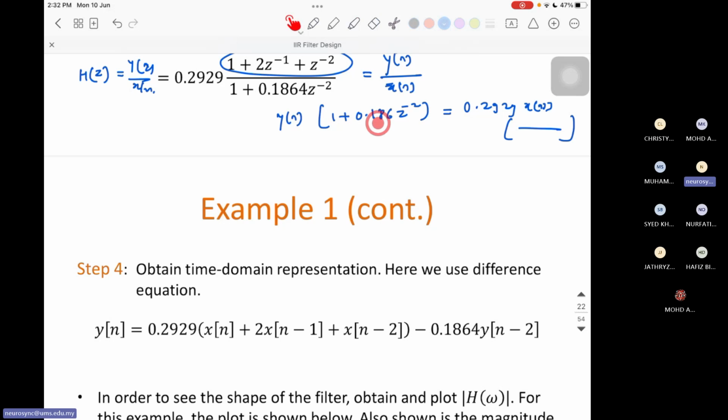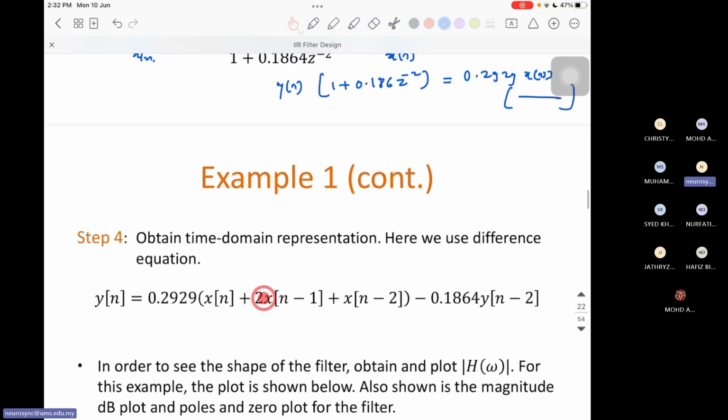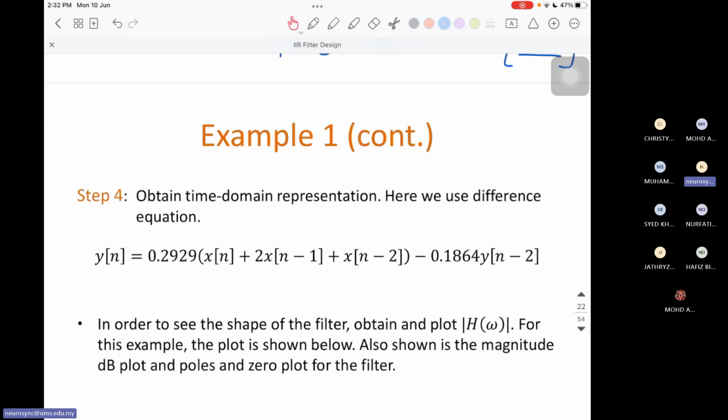Minus this part will go to the right-hand side, so it is minus 0.this into Y of n minus 2, because z to the power minus 2 into Y of n is equal to Y of n minus 2. So this is the final expression. This is the last step in the design process.